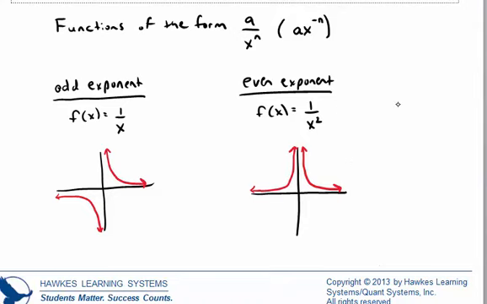And again, if you increase the exponent to the next even number, making it 1 over x to the fourth or 1 over x to the sixth, then the effect of that is that you sharpen the curve and the graph becomes more steep.